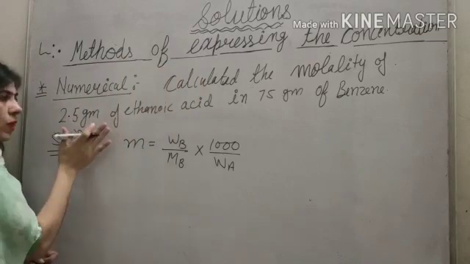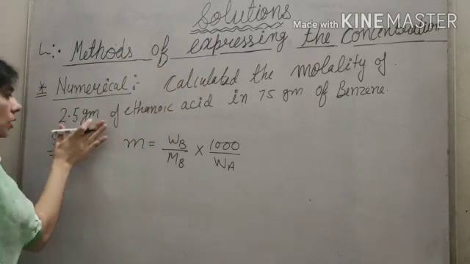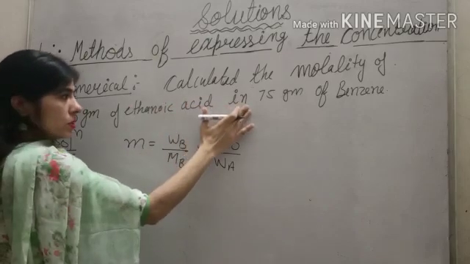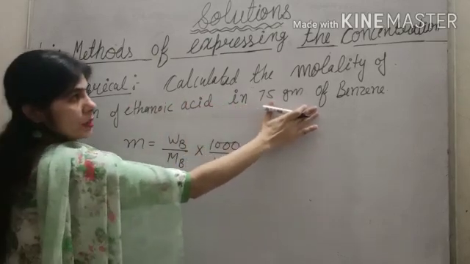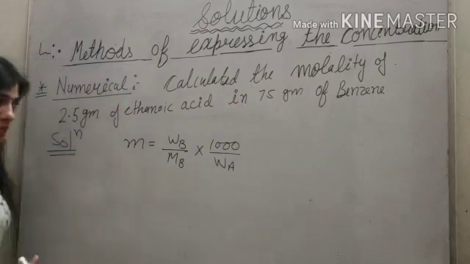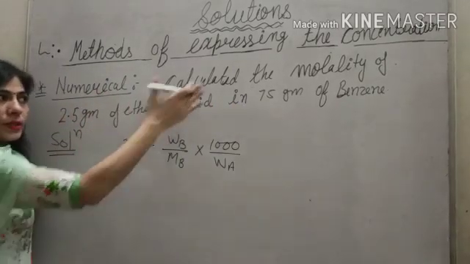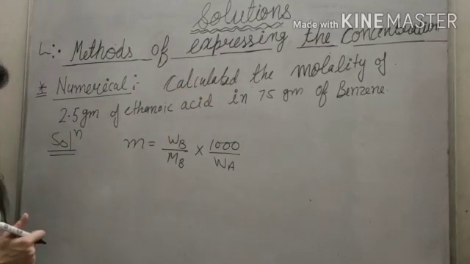And in the statement, what is given to us? 2.5 gram of ethanoic acid dissolved in 75 gram of benzene.